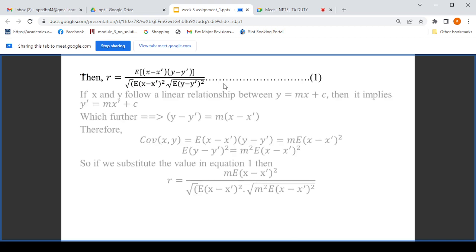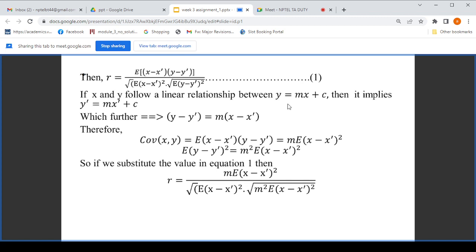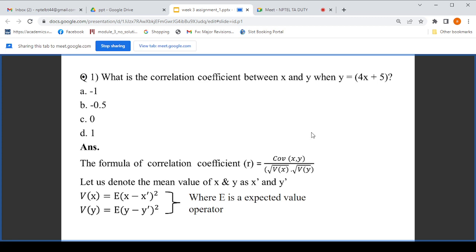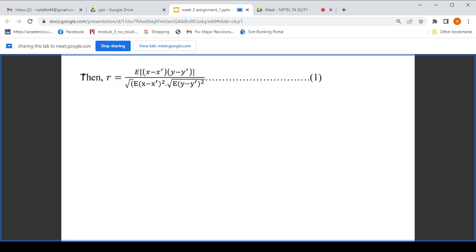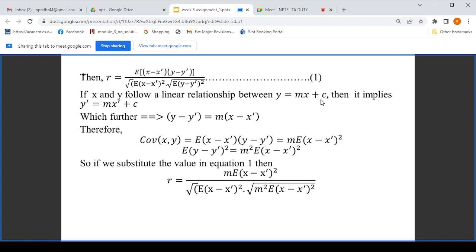From there we'll go to two equations. The first one is the normal one, that is y equals mx plus c. In this case the equation is y equals 4x plus 5, so both equations are the same, and from this we can also derive that y prime is equal to m x prime plus c. It means if the particular value of y gives a straight line or linear equation, the mean of that value also gives a straight line.